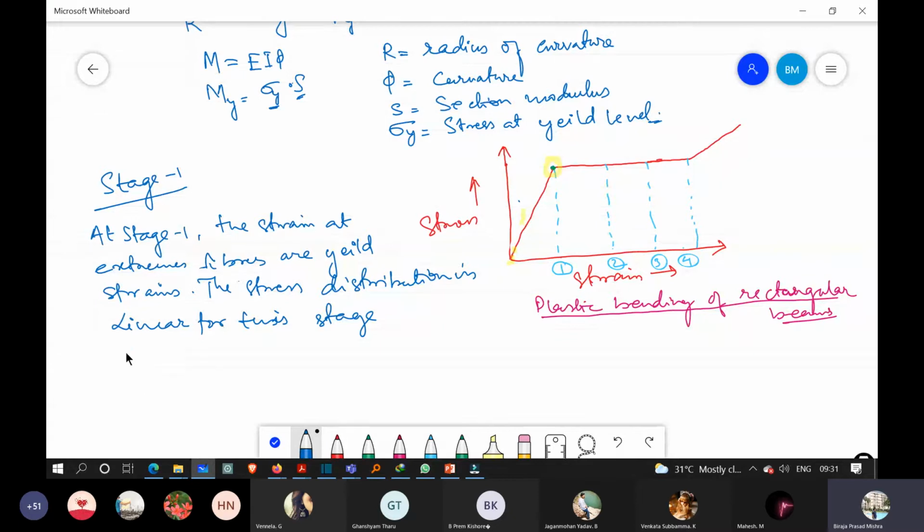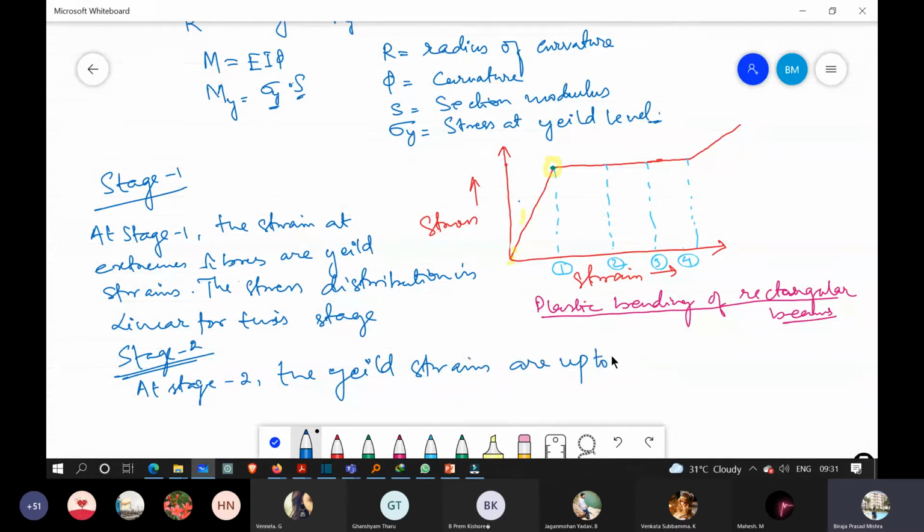At stage 2, the yield strains are up to a depth of d by 4 from the top and bottom.